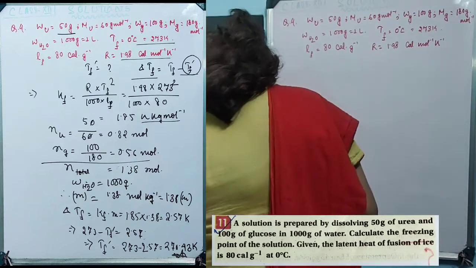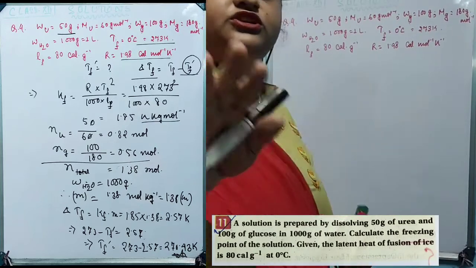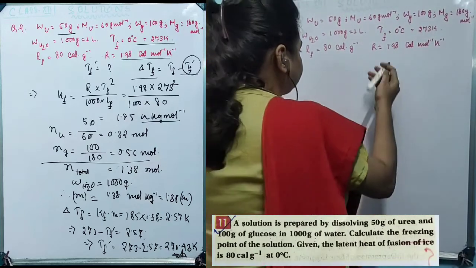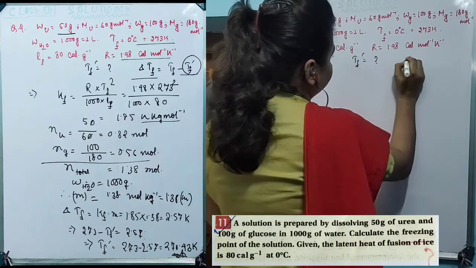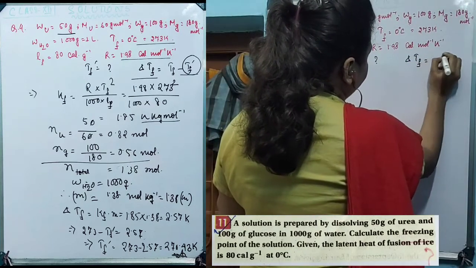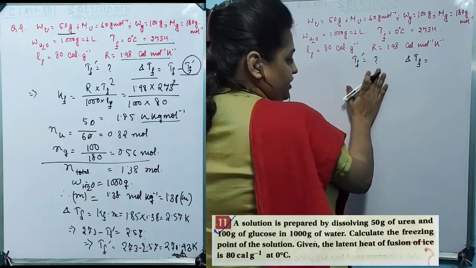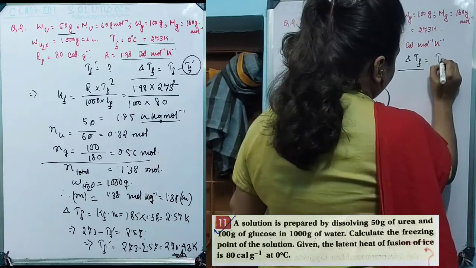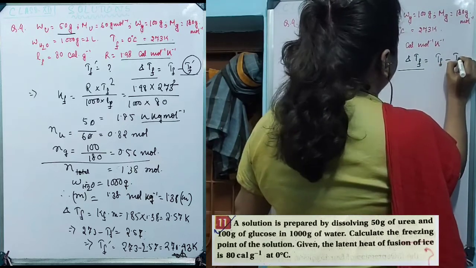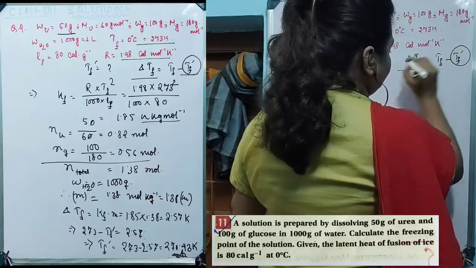They have asked you to calculate the freezing point of the solution, that is TF prime. So let's try to find out delta TF first, in which TF minus TF prime we can find out.